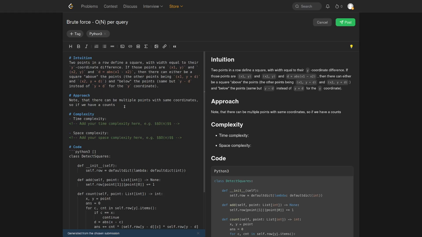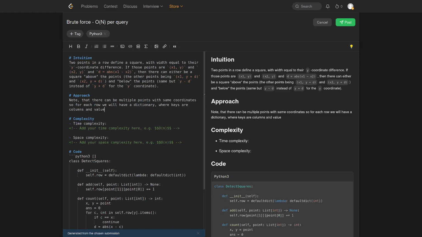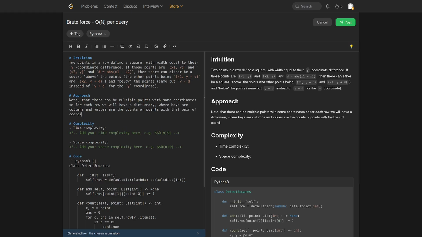So if we have counts, so for each row we will have a dictionary where keys are columns and values are the counts of points with that pair of coordinates.